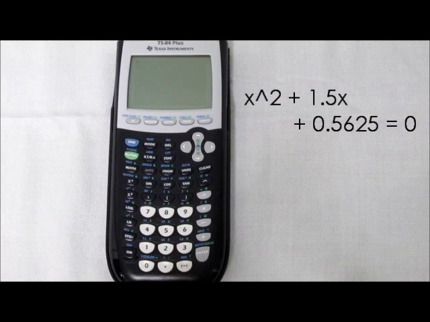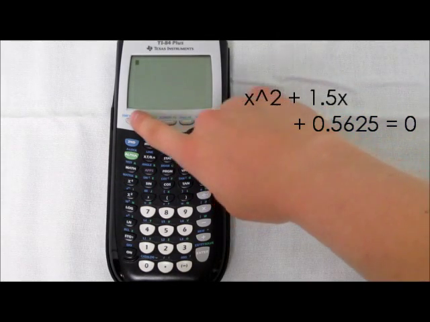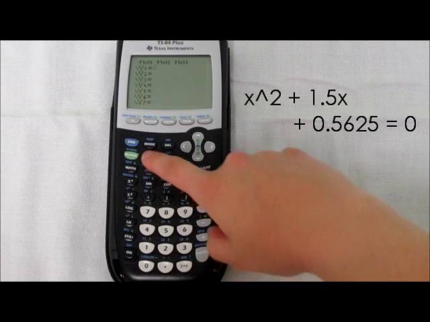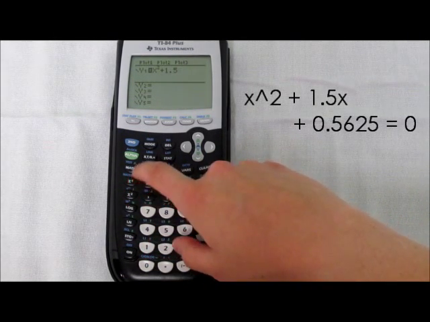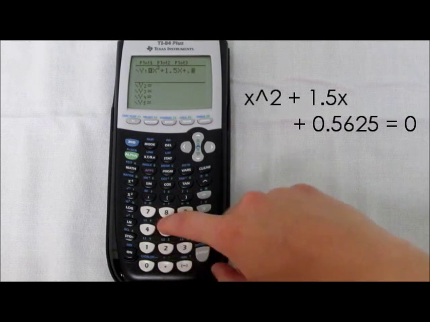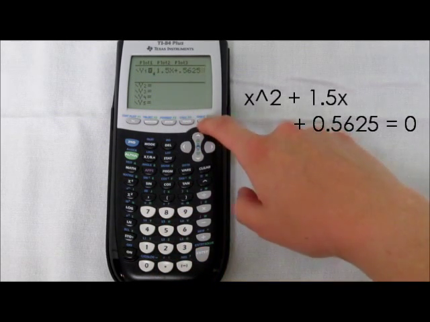Another equation that we can solve with the graphing calculator is x squared plus 1.5x plus 0.5625 equals 0. This one is nice to solve graphically because it's harder to factor the non-integer coefficients. Our first step is again to press y equals and then enter our equation, x squared plus 1.5x plus 0.5625, and then graph it.